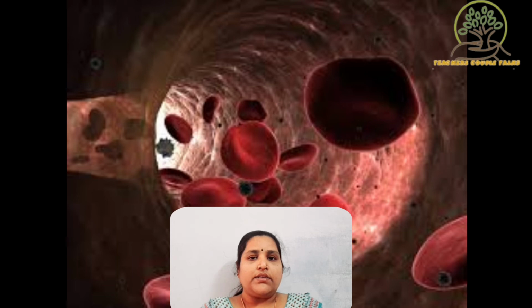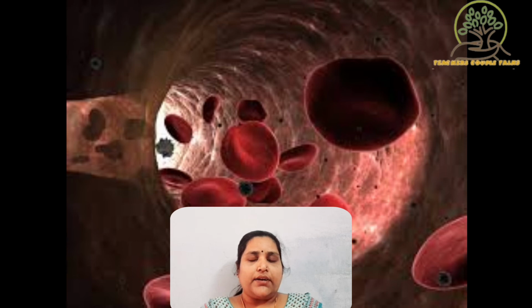These red blood cells are produced in the bone marrow. They are produced in the liver and spleen also. The lifespan of the RBC is 4 months or 120 days.